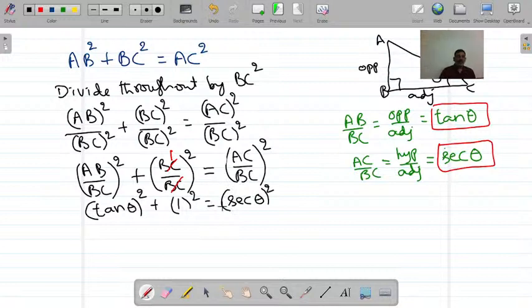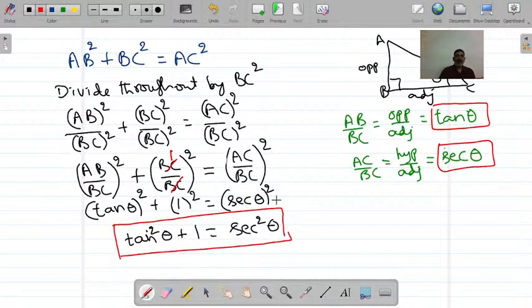So the same thing we write as tan square theta plus 1 is equal to secant square theta. Okay, this is our second identity.